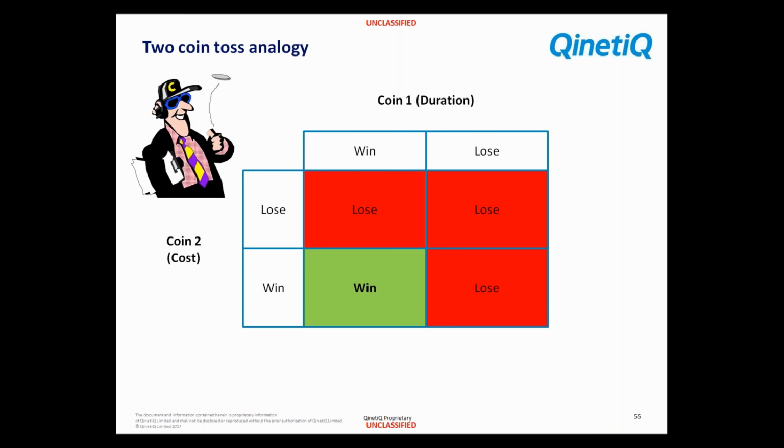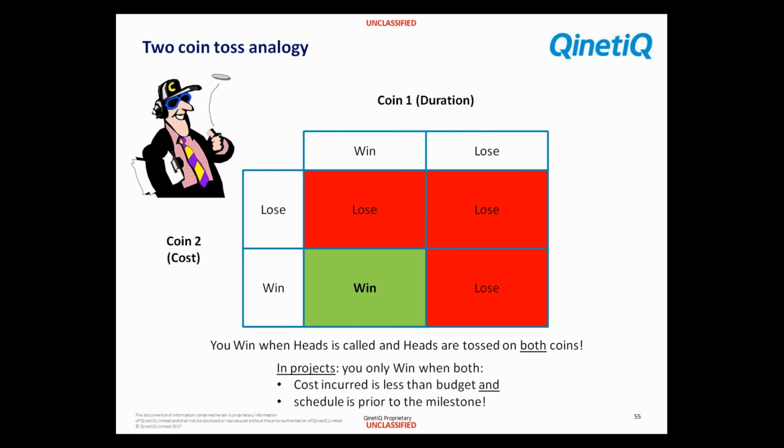If one falls on tails, we've lost. Or if they both fall on tails, we've lost. So that's essentially what we have when we're considering combined cost and schedule analysis. You win when heads is called and heads are actually occurring on both coins. In project world, that means that you only win when both the cost incurred is less than the budget and the schedule is prior to the milestone that we predicted. Essentially that bottom left-hand quadrant. Anywhere else and we're losing.